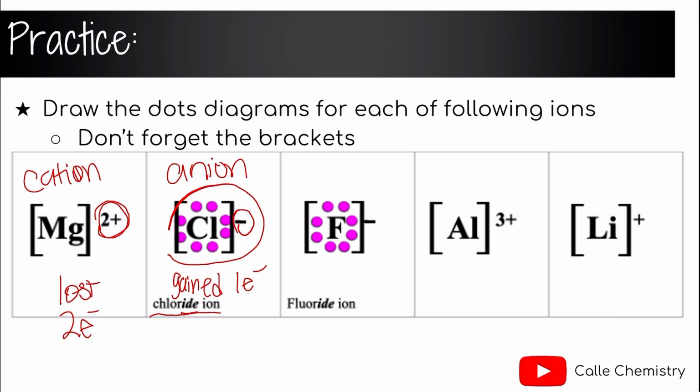Now take a look at the next one, fluorine. It has a negative 1 charge, so that is telling me that it is an anion because it's a negatively charged ion. It is no longer called fluorine, it is now called fluoride ion. And since it has a negative 1 charge, it means that it gained 1 electron.